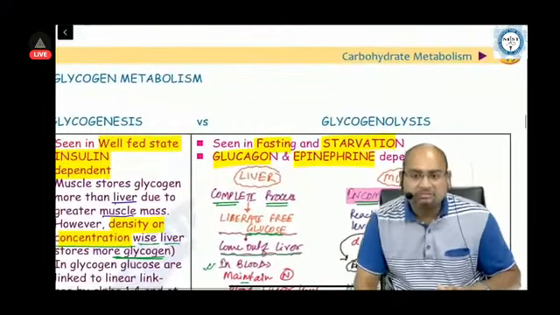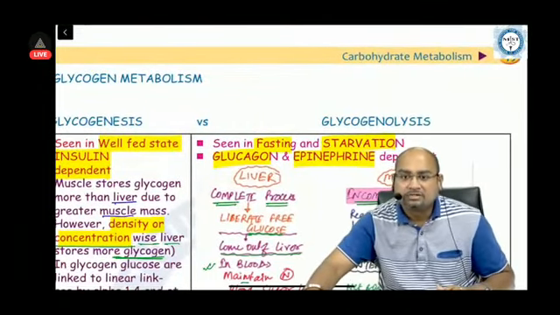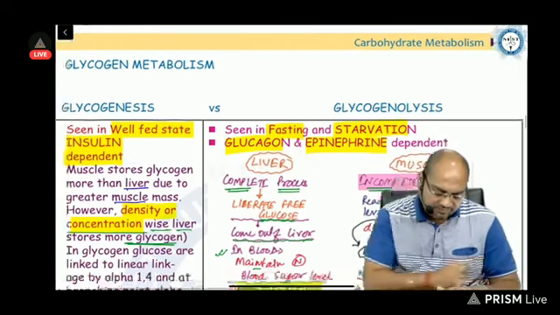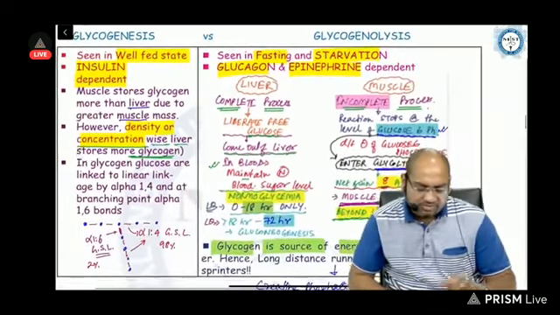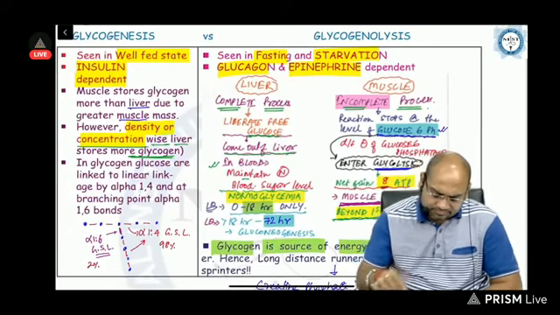Coming to glycogen metabolism, beta. Please remember we have studied that the glycogenesis pathway is seen in a well-fed state and glycogenolysis will be in starvation.